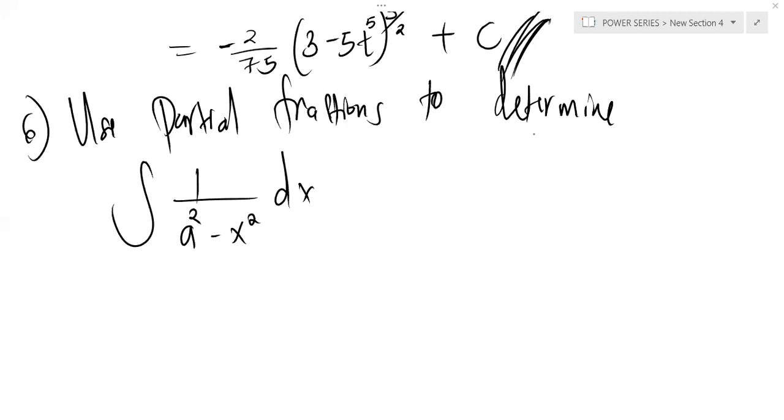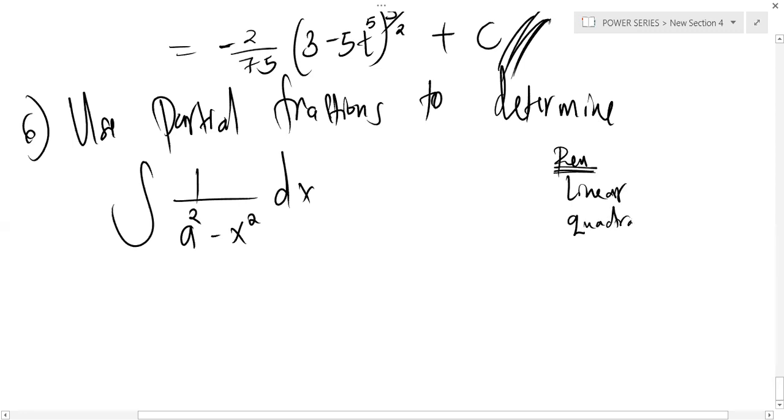Now, guys, we said when it comes to partial fractions, the denominator is what we consider. The denominator can be linear, it can be quadratic, it can be repeated.